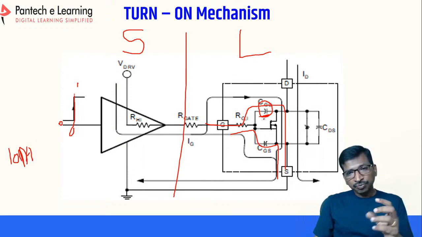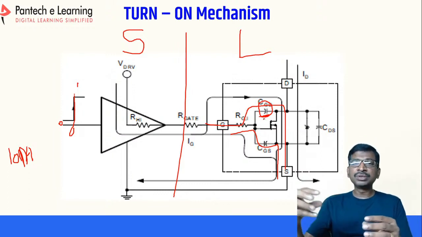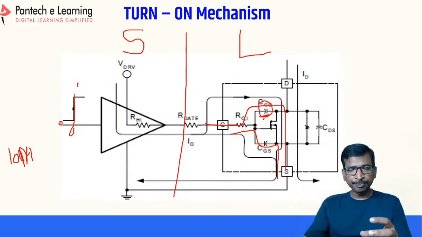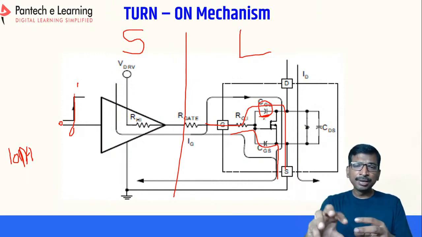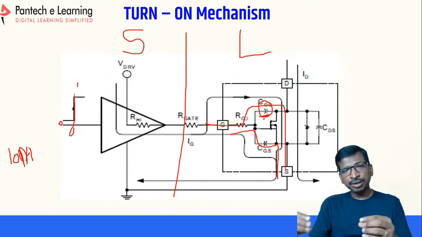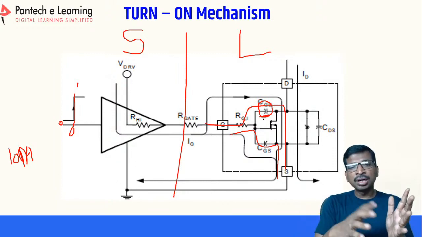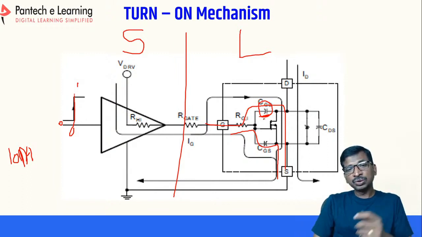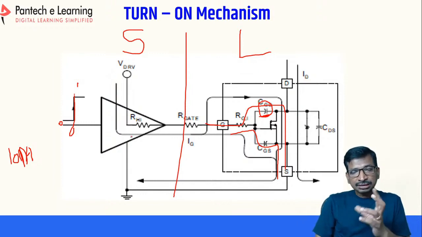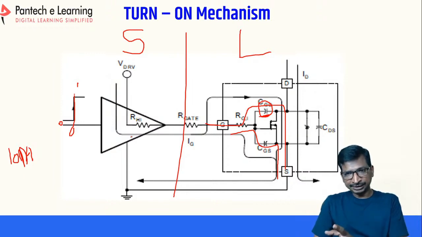But whenever you increase the device rating, like 500 volt with 10 ampere or 20 ampere or 50 ampere, the internal capacitance of the device also increases. Due to that, a huge initial current is needed to turn on the device. So you have to supply a sufficient amount of current, and that information will be available in your data sheet. Is it clear?